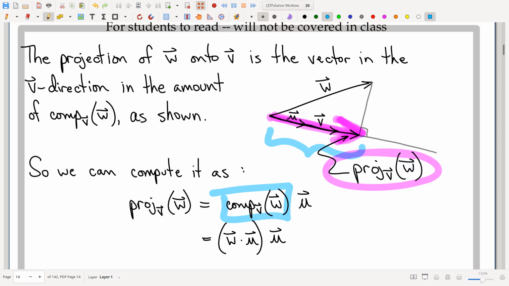And then the little tricky observation, no big deal, ultimately, is that the direction, and keep in mind that any vector, such as this projection, is just direction times magnitude, and the direction is a unit vector pointing in the V direction. So we know the direction, we know the magnitude, done.